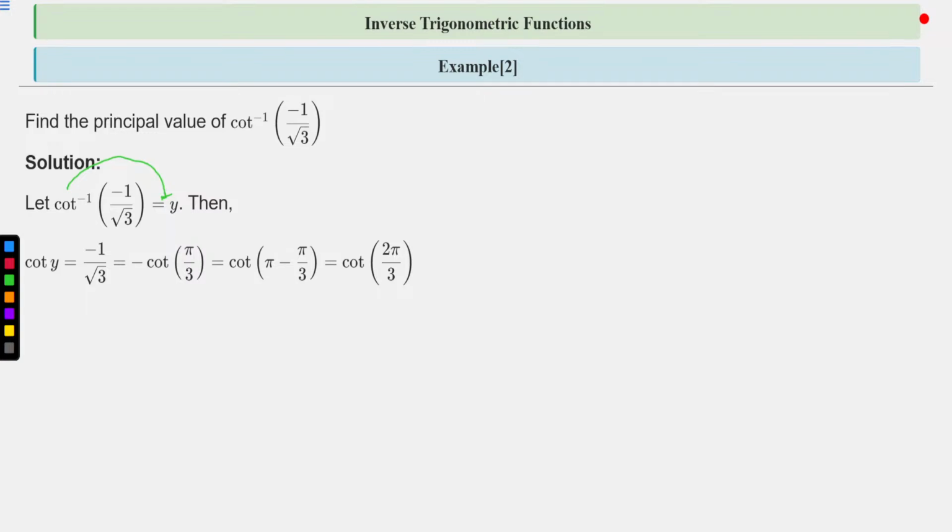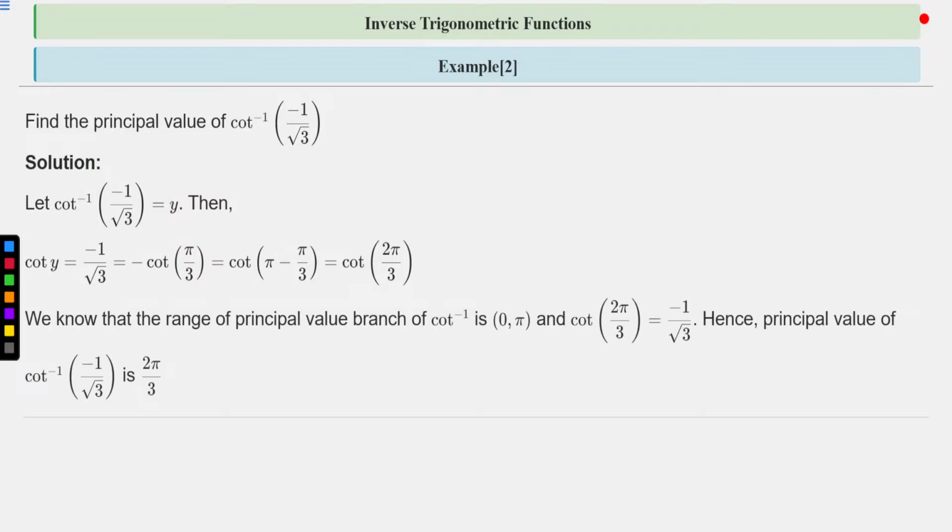Cot y is equal to minus 1 by root 3. And we know that 1 by root 3 is basically cot of pi by 3, so cot of pi by 3 is 1 by root 3, and minus 1 by root 3 is minus cot pi by 3. Clear?